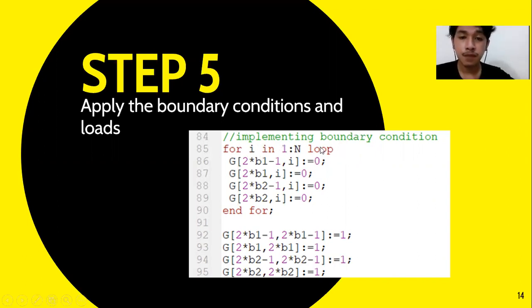So for implementing boundary conditions, for example, in this code, we have a loop, right? For example, for i in 1 to n loop. So if the result is 0, we keep on looping the algorithm. But if we get the result of 1, then the program will end.